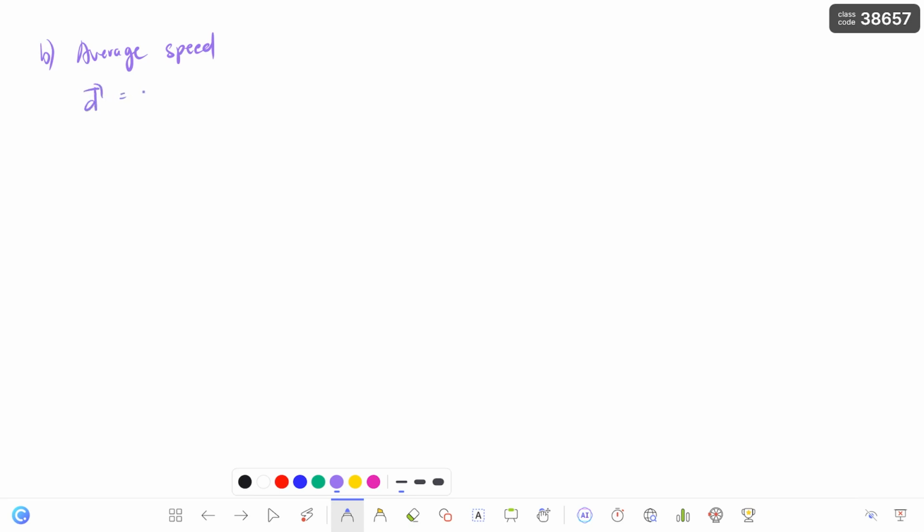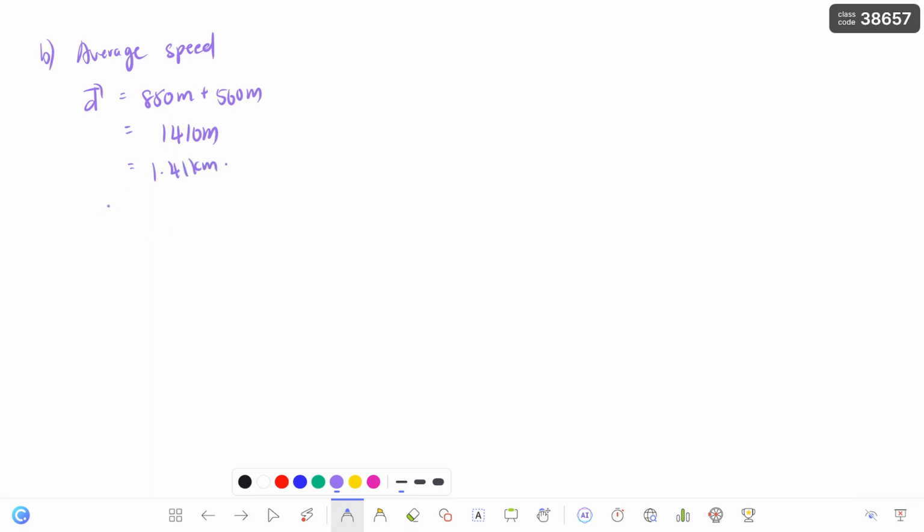The total distance traveled is 850 meter plus 560 meter, stated in the question. So the total will be 1410 meter. If you convert this into km, it will be 1.41 km.